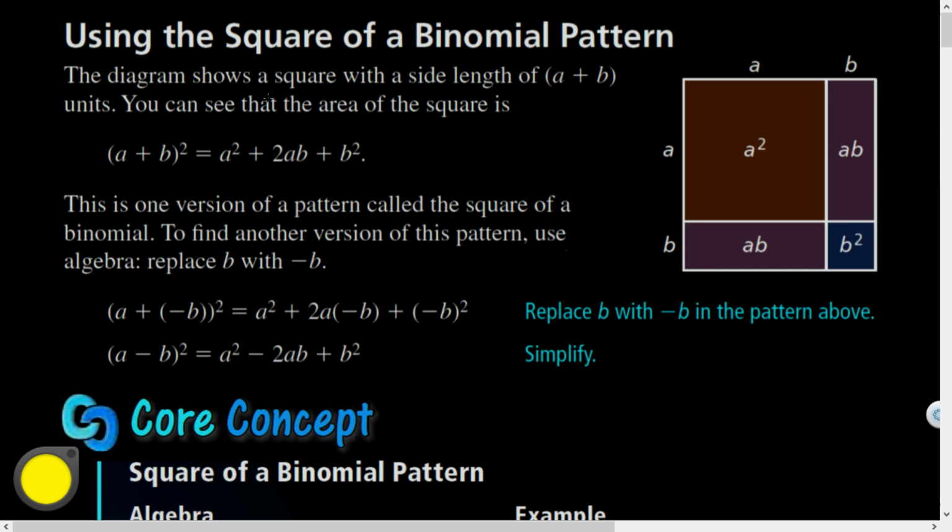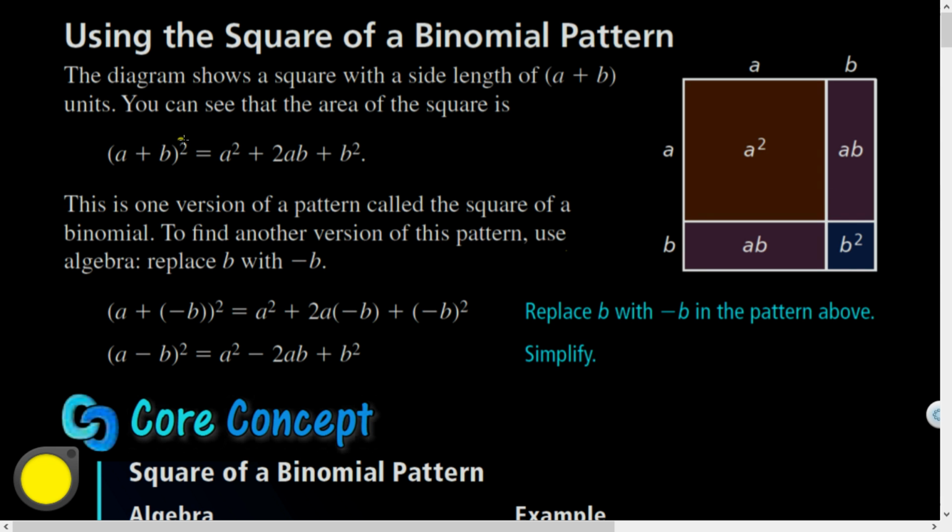So notice this. It says the diagram shows a square with side length a plus b, and a plus b because it's a square. Both sides are the same. You can see that the area of the square is a squared plus 2 of these ab terms plus b squared. And this is, in fact, a square outcome.